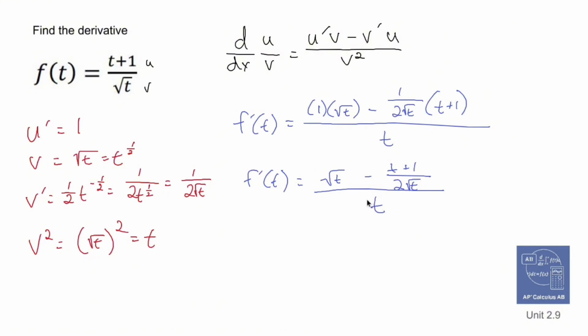And I think I'm going to leave it like that because who cares? I mean, there's nothing wrong with having fractions everywhere. Some teachers might not be happy with this, but I'm going to leave it like that. I guess what you could do is multiply the top and the bottom by 1 over t, and that would help, and then you would end up combining fractions. But I don't know if that's necessary. I'm just going to leave it like that because it's calculus and I'm allowed to. So there you have it.